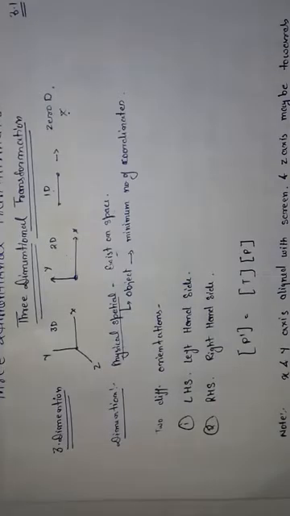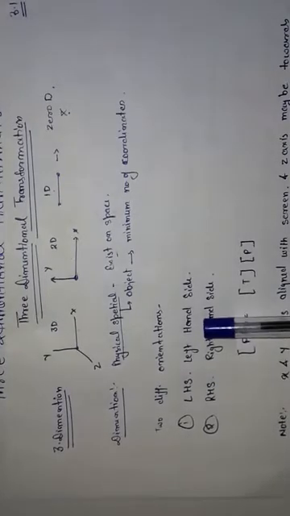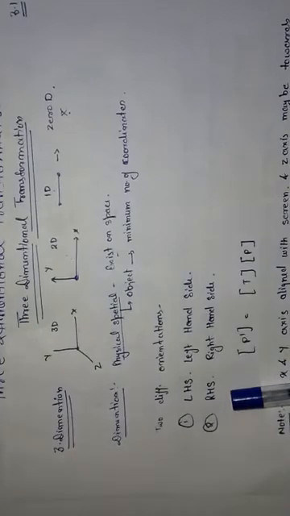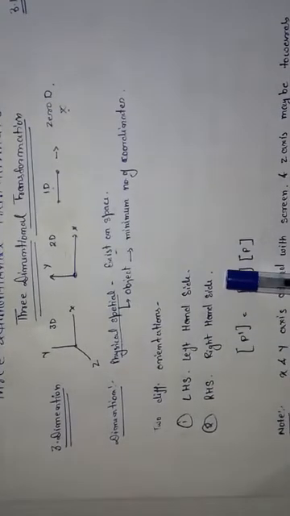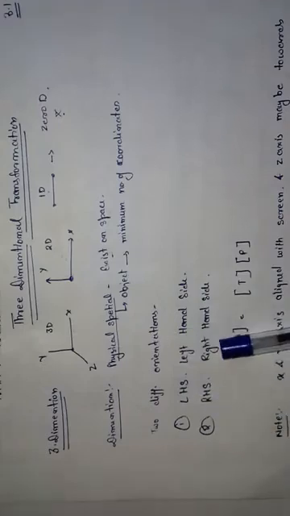Now we come to two different orientations in the dimensions. The first one is LHS, left hand side, and the second one is RHS, right hand side. What do we mean by LHS and RHS?